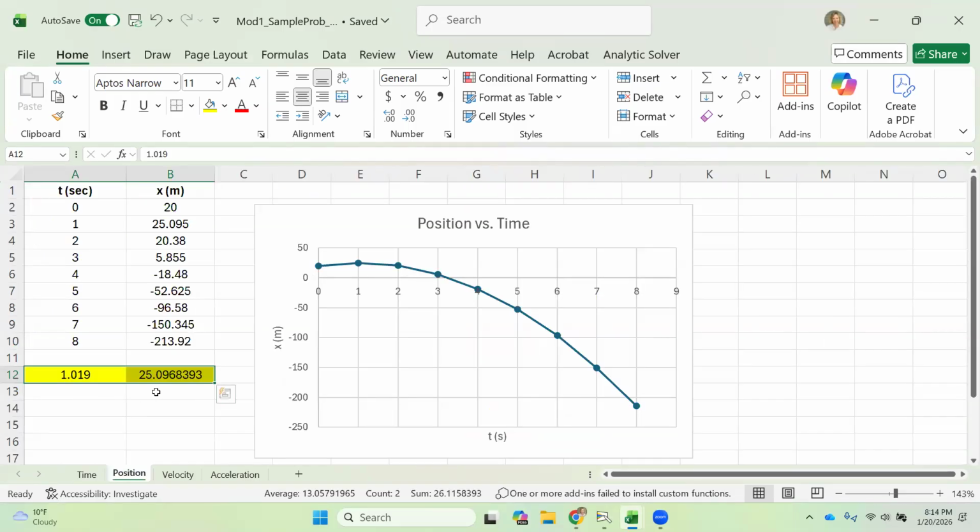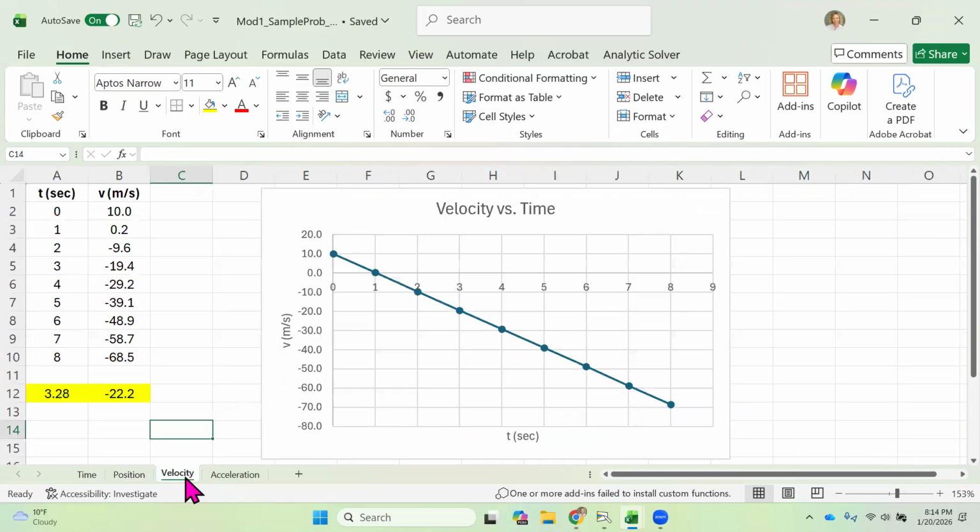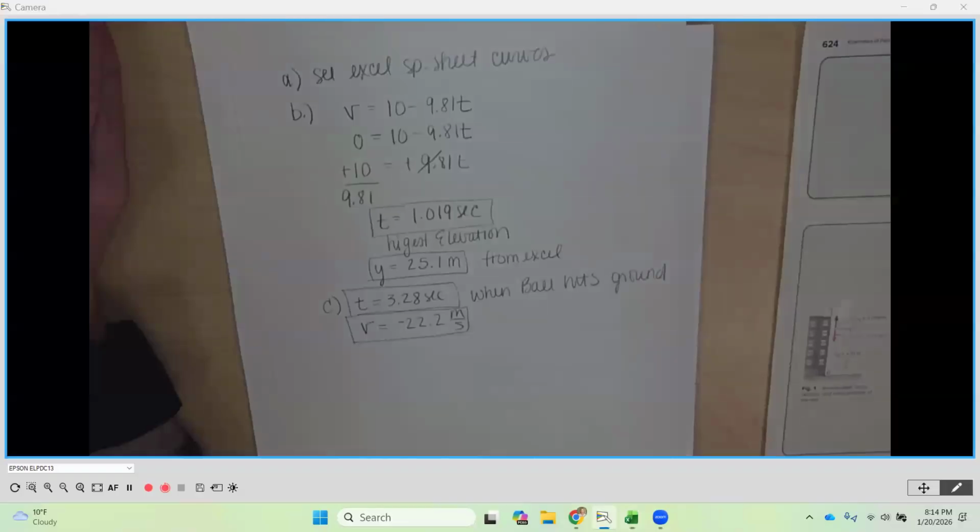If you use this as your calculator for the position at that time 1.019, then you want to do a screen snip here. Same thing for the velocity, but either one of those you could also manually calculate by just plugging in those values for the time. Does that make sense to everybody? Okay, so I'll let you choose how you want to do that.